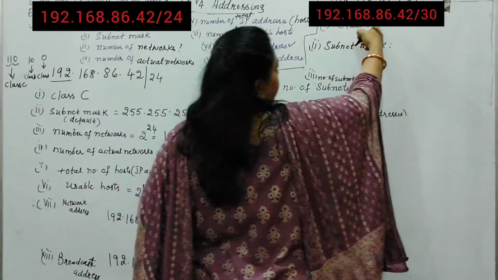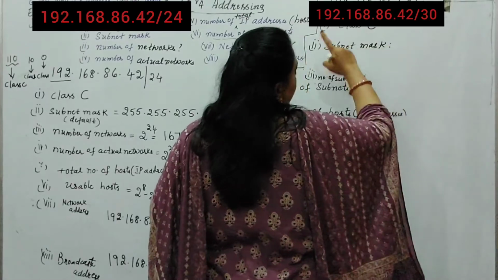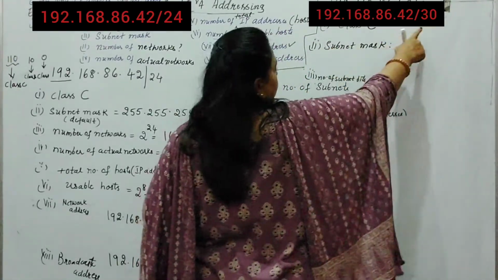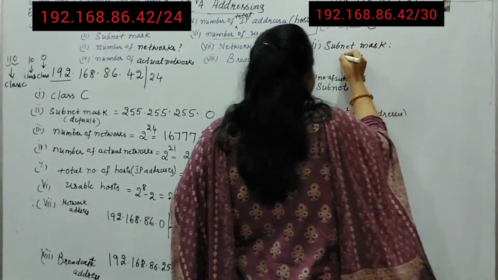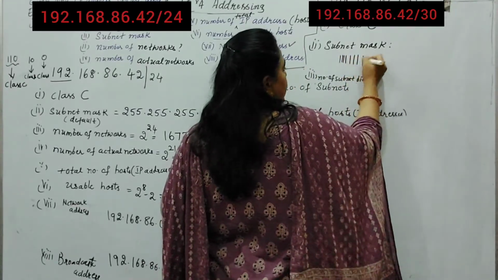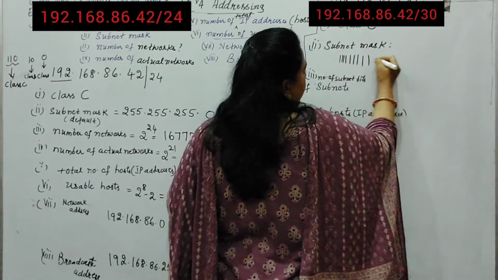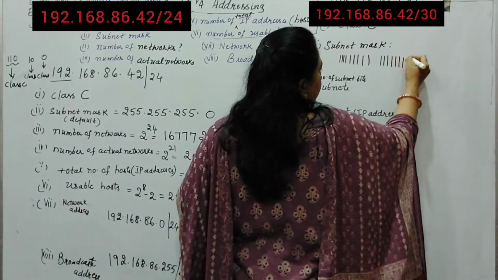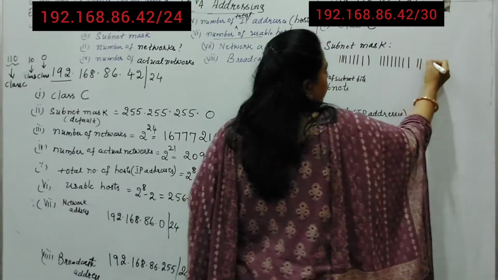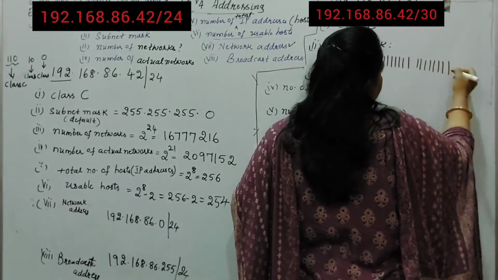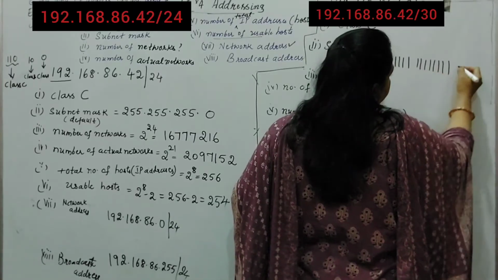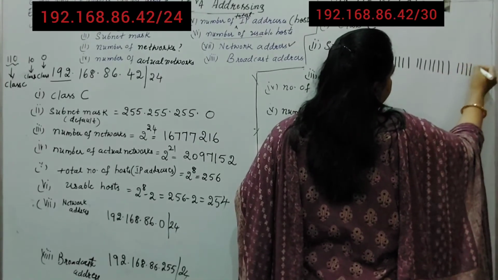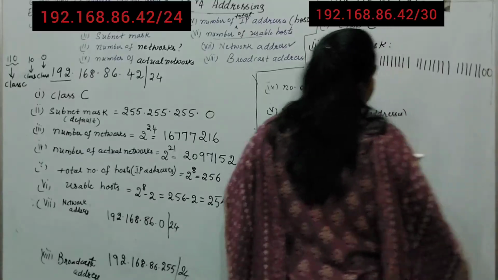Fine. Next, subnet mask. Now you have to be careful, because this default subnet mask you cannot write. 30 bits you have to write as ones. 8, 16, 24, 25, 26, 27, 28, 29, 30, and the last 0.